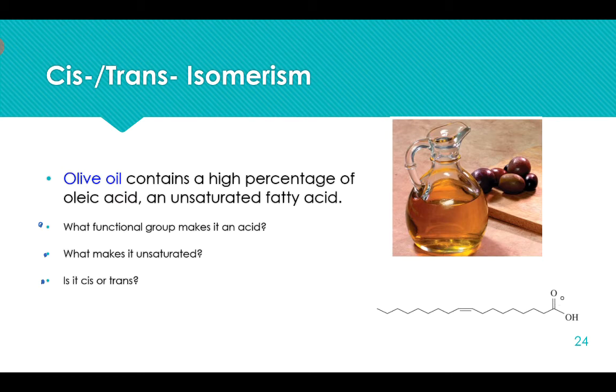Okay, so the functional group that makes it an acid is this carboxylic acid. That's the fatty acid that makes it an acid. Here's the location of the double bond, and so the double bond makes it unsaturated.